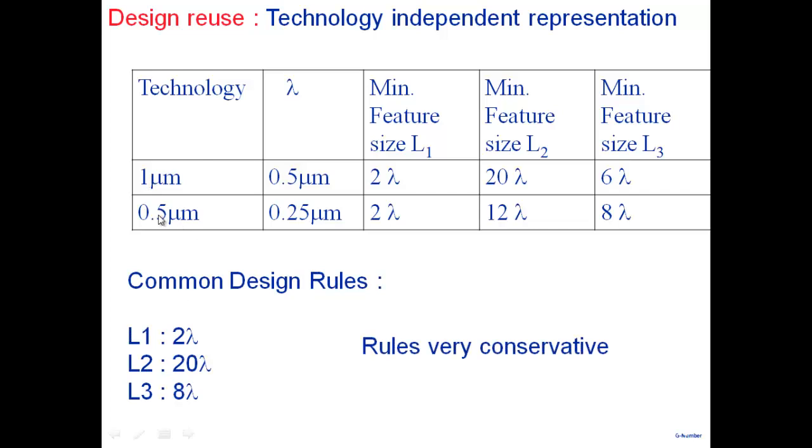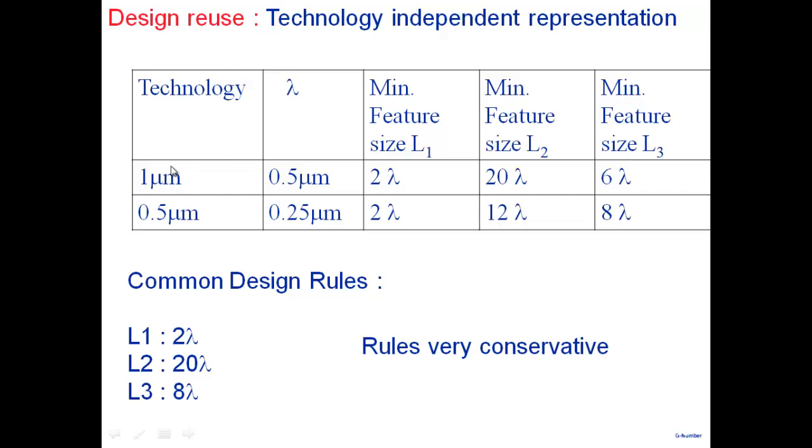But we also said that this approach is not fully taking advantage of the rules. For example, if we have a rule called 20 lambda, a new technology allows us 12 lambda. So we're not taking advantage of the fact that this dimension is only 12 lambda. We're using a very conservative set of rules, 20 lambda. Conservative, why? Because it has to be valid for all generations.